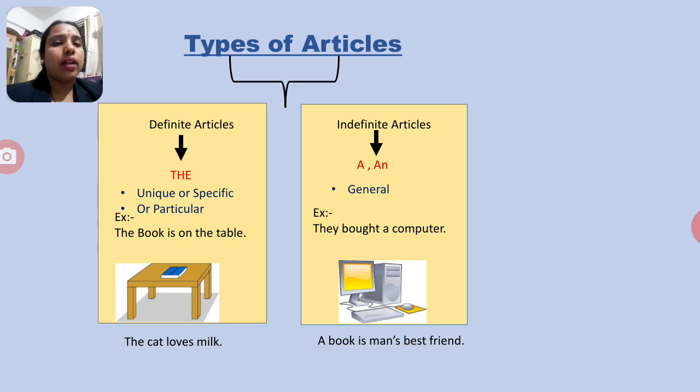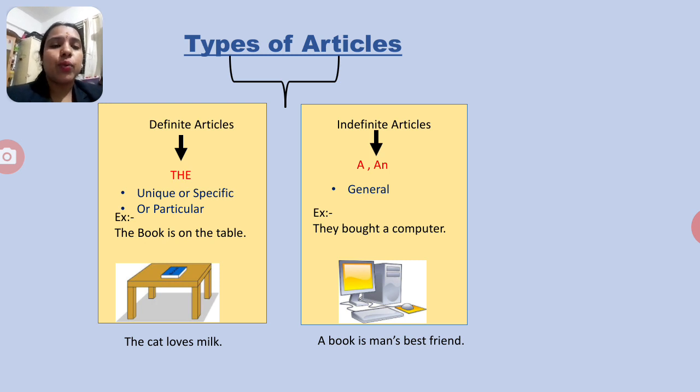In indefinite articles, a and an show the general. How? We will see. For example, they bought a computer. I have used a before the word computer, because computer is a general word. Now another example: a book is man's best friend.